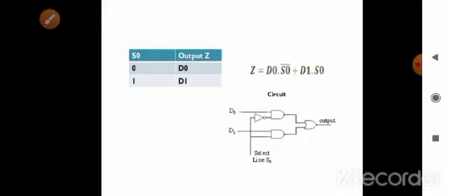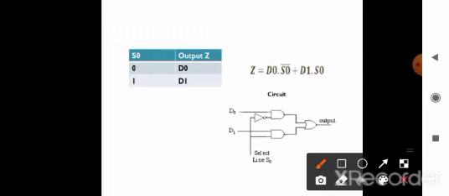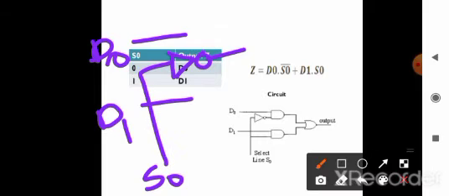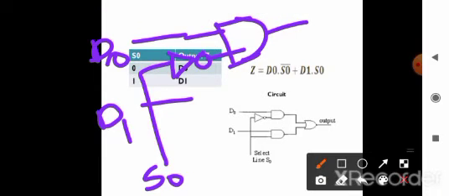So by using AND gate, say we are having two inputs d0 and d1, and we are having the select line s0. For d0 into s0 complement, we need to have a complement here, so we can put it like this, and s0, and you can AND it in an AND gate, and you can give it here, and d1 into s0.